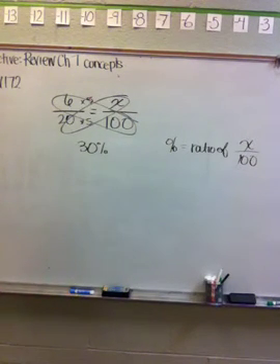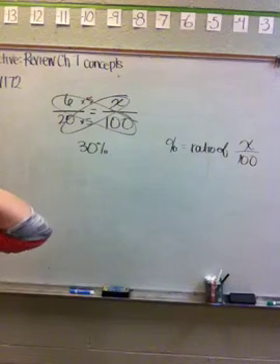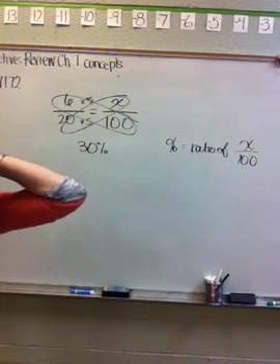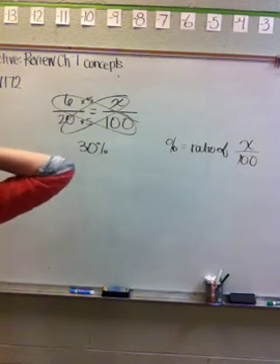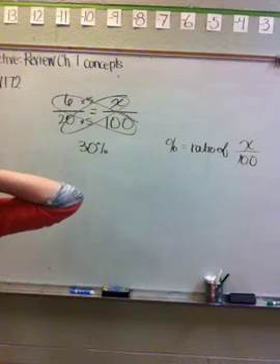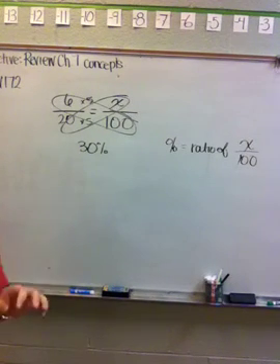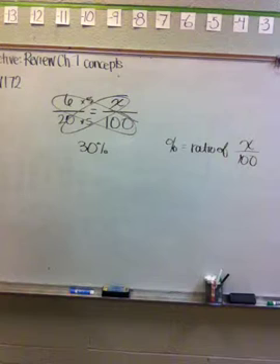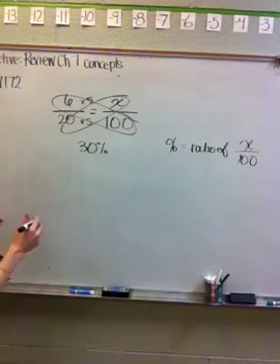All right, number 6. 30% of the students in one class are on the honor roll. If 9 students are on the honor roll, how many students are in the class? Libby? You do 9 over x equals 30 over 100.